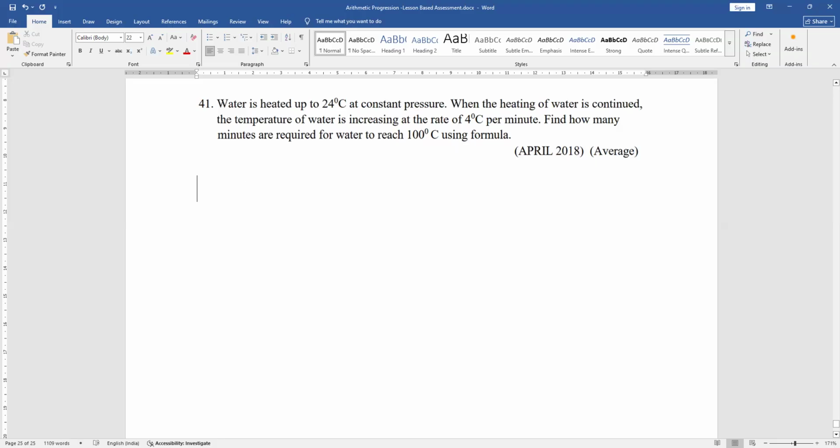100 degrees Celsius. So now let us note down what is given here. So first given, I have the initial temperature, which is how much? 24 degrees Celsius.